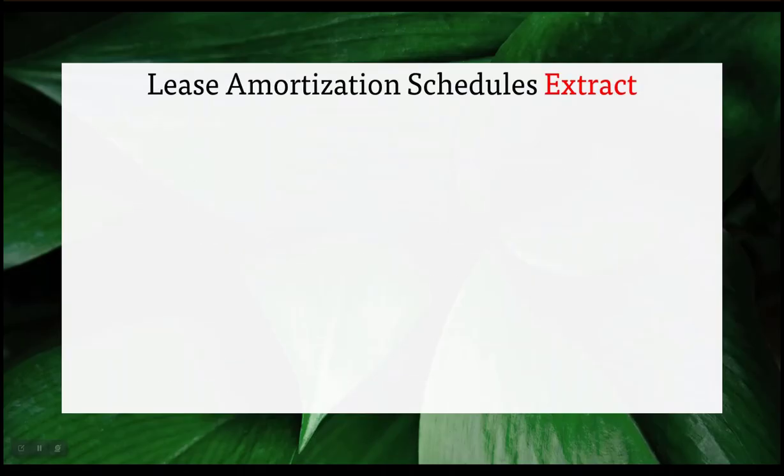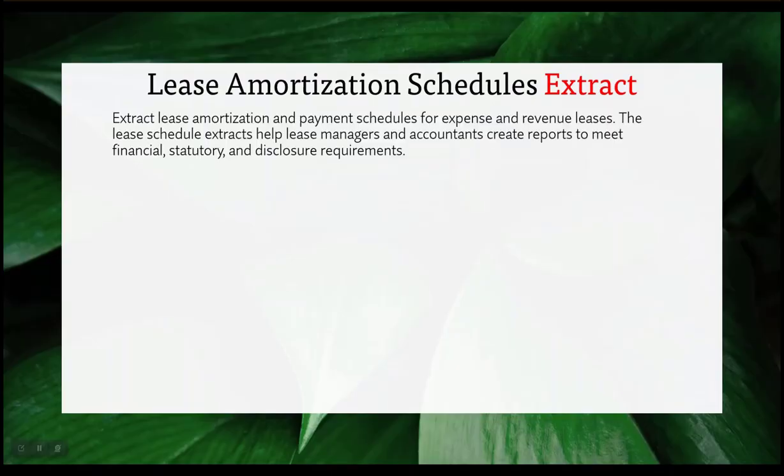Third one, lease amortization schedule extracts. Extract lease amortization and payment schedules for expense and revenue leases. Lease schedule extracts help lease managers and accountants create reports to meet financial and disclosure requirements.